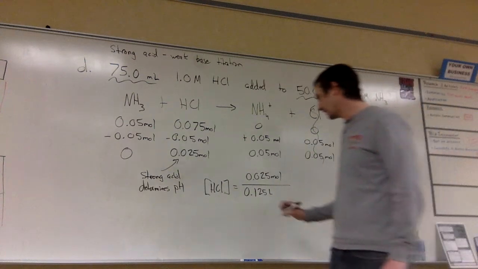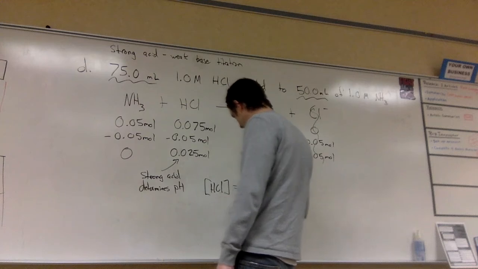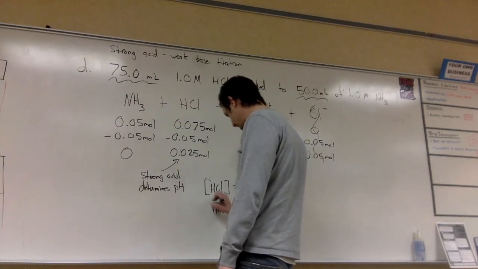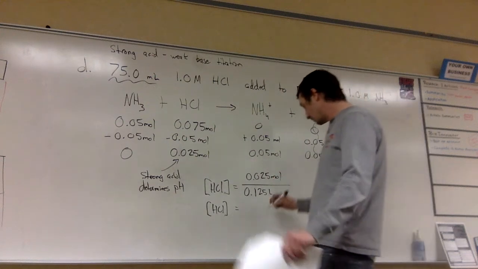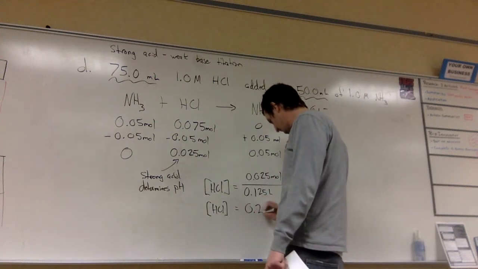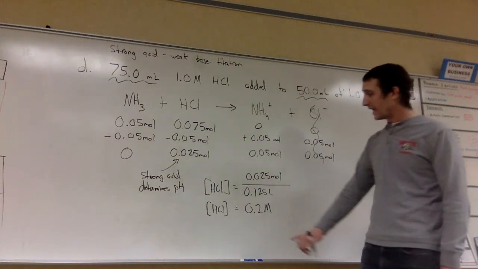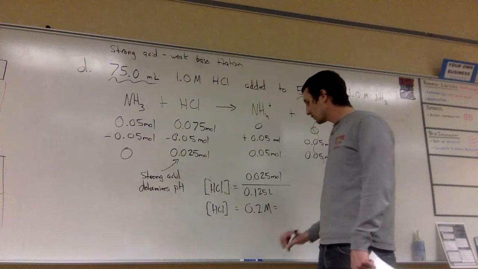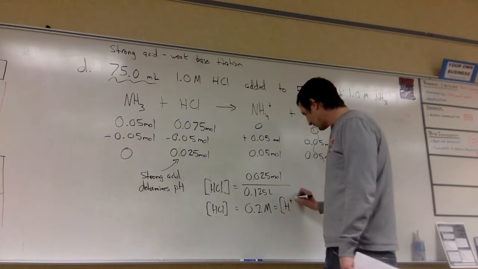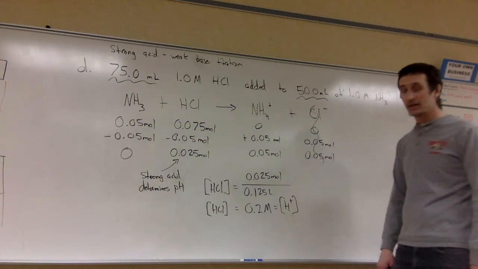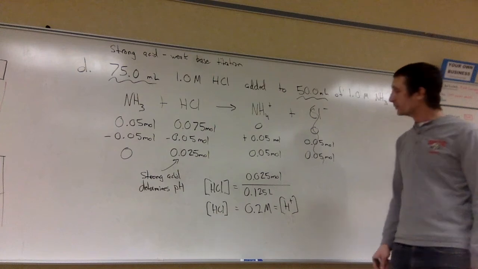which means my concentration of HCl is 0.2 molar, which, once again, we know that strong acids completely dissociate, so the concentration of the strong acid is equal to the concentration of hydrogen ions. And if we know the concentration of hydrogen ions, we should be able to determine the pH.